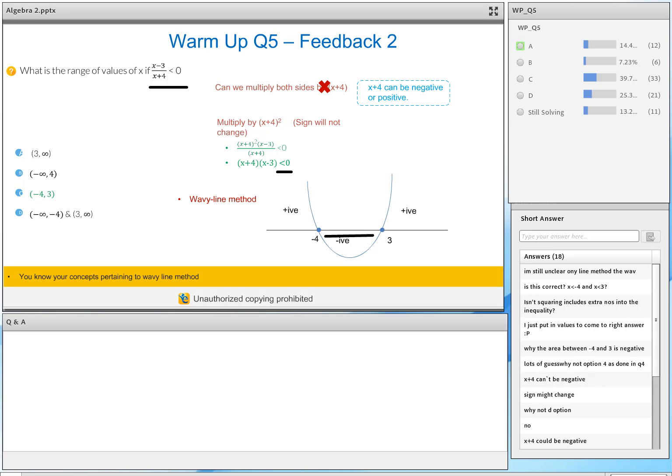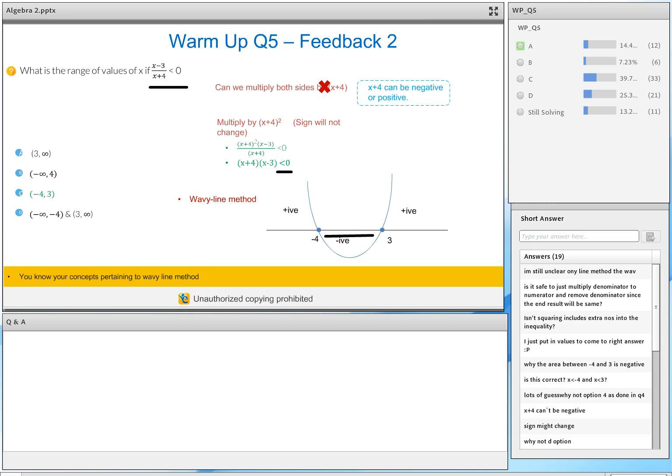Your goal is to bring those expressions in the form of entities that you are familiar of solving. And that's why you're now thinking, okay, I know how to solve quadratic inequalities. Is there a way that I can bring this inequality in the form of a quadratic inequality? That's what we are doing over here.